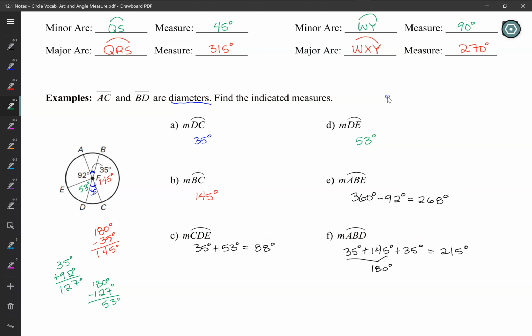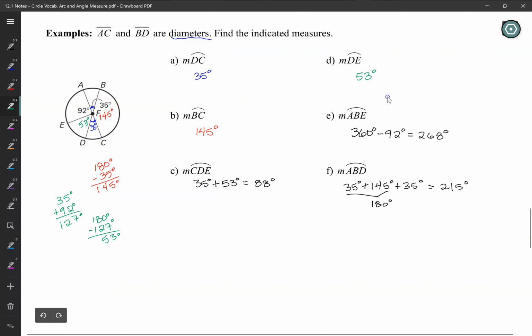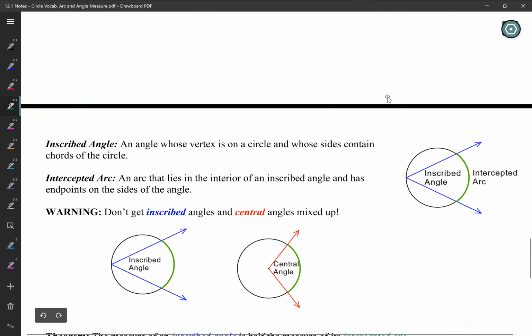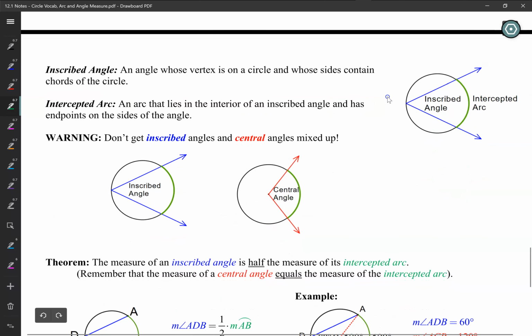All right, there are a few other things you need to know, and they involve what we call inscribed angles. So an inscribed angle is a little bit different from a central angle. We were just talking about central angles. A central angle had a vertex in the center of a circle.